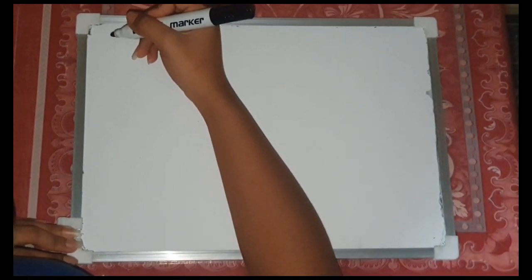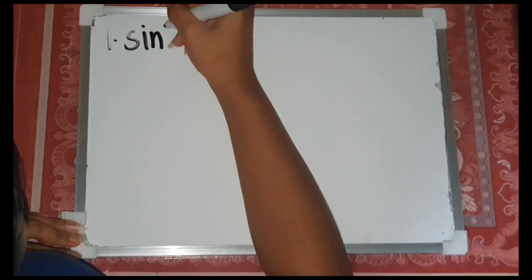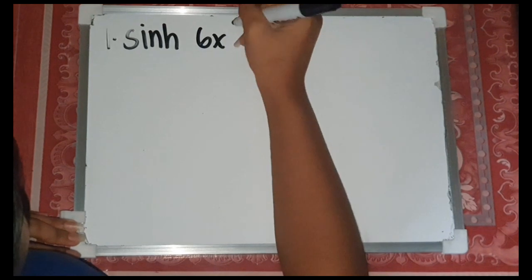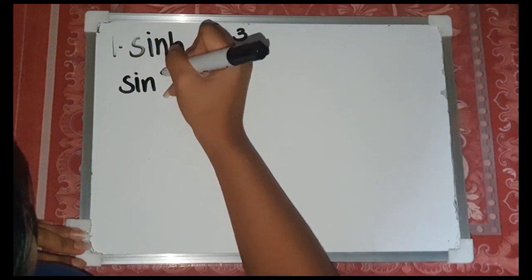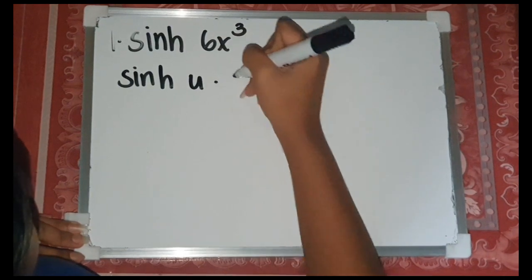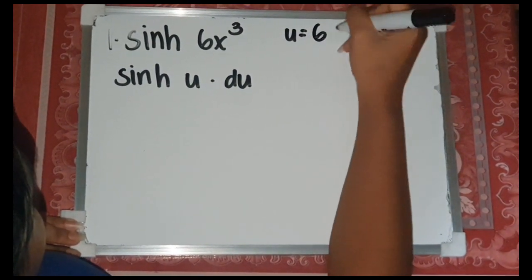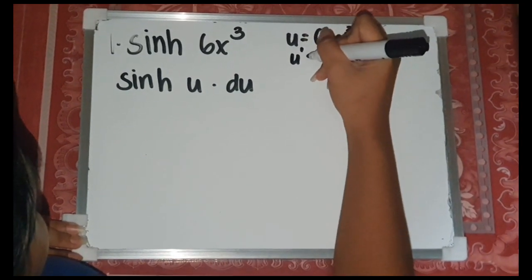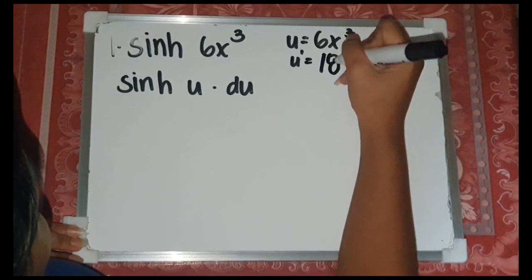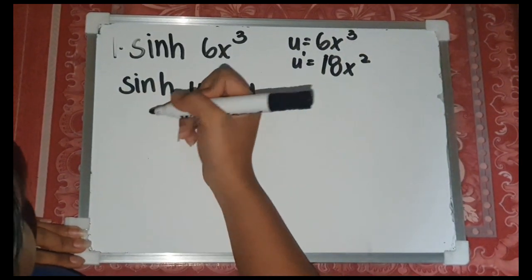So example number 1 is hyperbolic sine of 6x cubed. Then hyperbolic sine u times du. Our u is 6x cubed, and the derivative of that is 18x squared. We're just using the power rule. Then distribute.